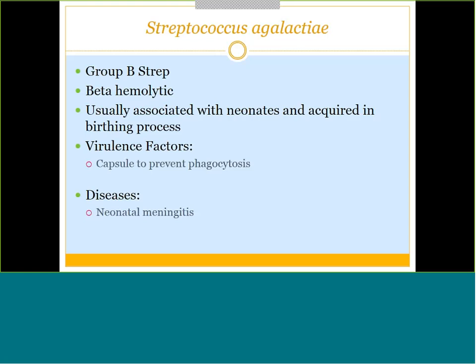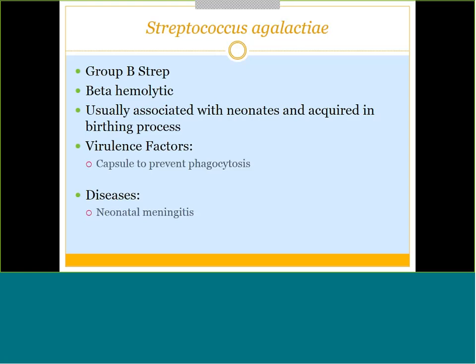If you had Group B strep there still and didn't get rid of it, it could be passed to your baby upon delivery, and then it results in meningitis, which is, of course, a really serious condition. Your baby doesn't really produce antibodies yet. You know, they're very immunosuppressed, so it's very concerning.